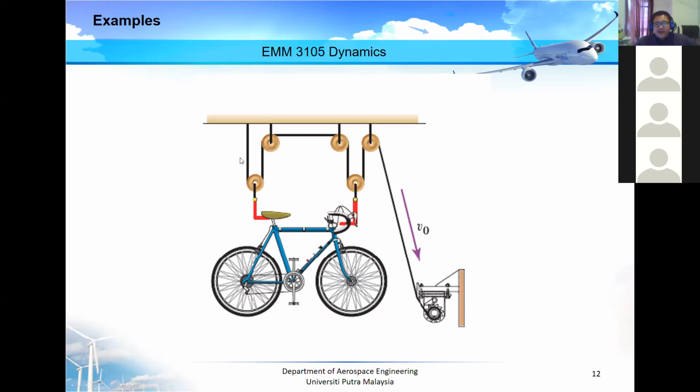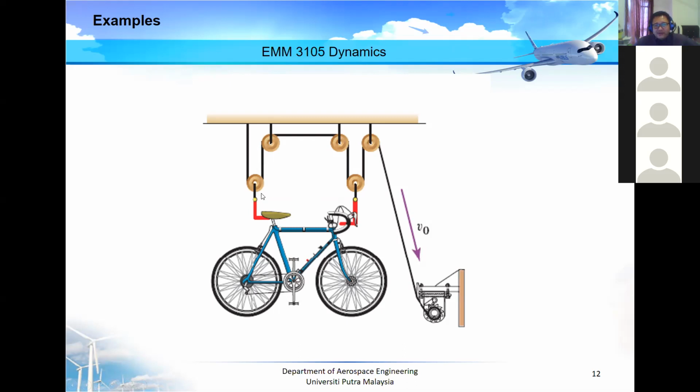Pulley system is one of what we call mechanical advantage, that you can reduce or halve or even make it 10% of the total effort to pull this bicycle up.